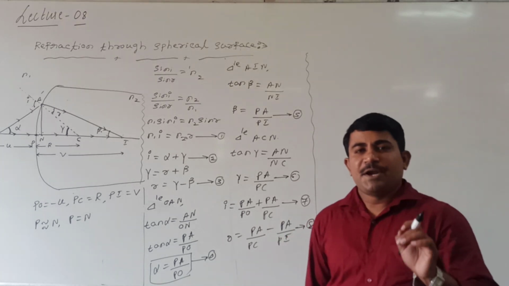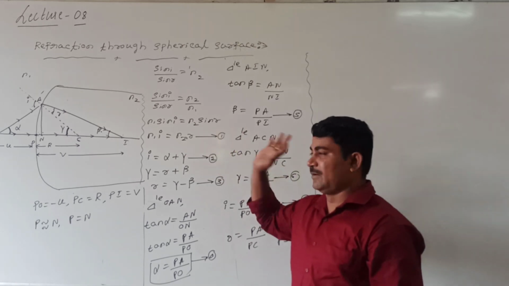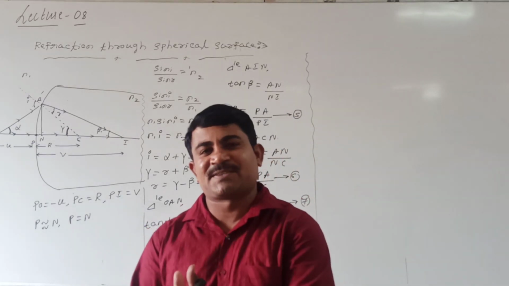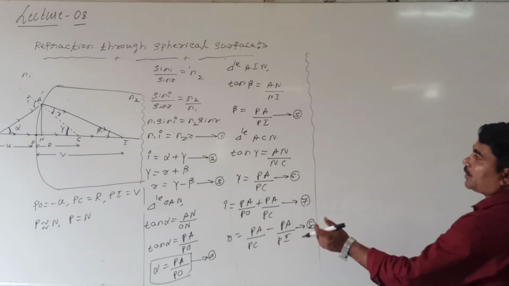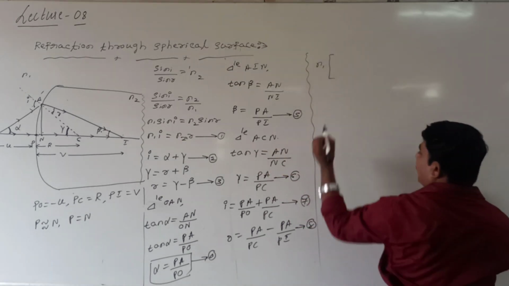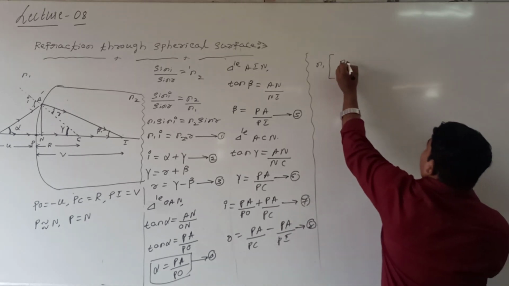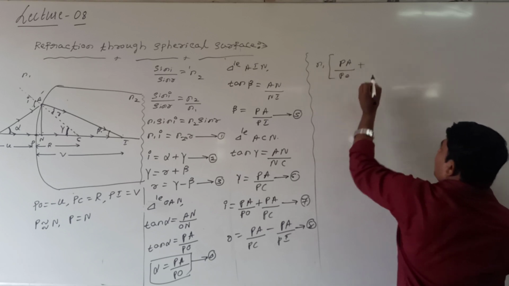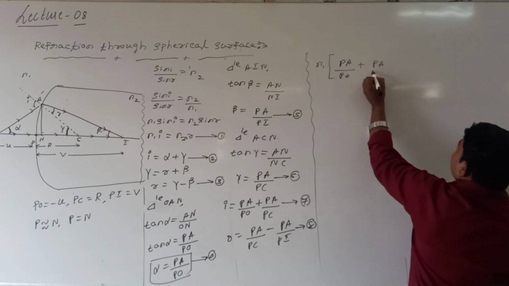Now put equation 7 and equation 8 in equation 1. Then we get the relation between object distance, image distance or radius of curvature, along with refractive index. See here, what did you get? Equation 1: N1 stays the same. The I value is from equation 7, that is PA divided by PO plus PA divided by PC.